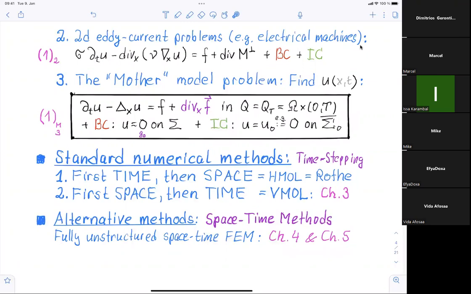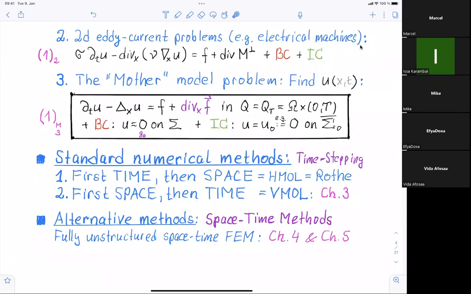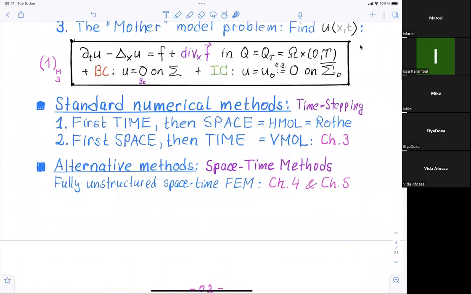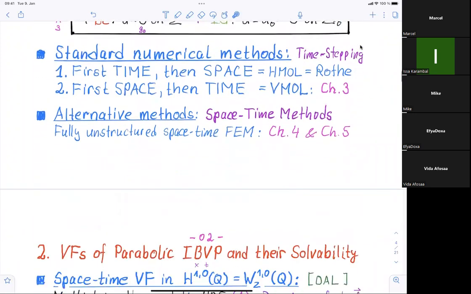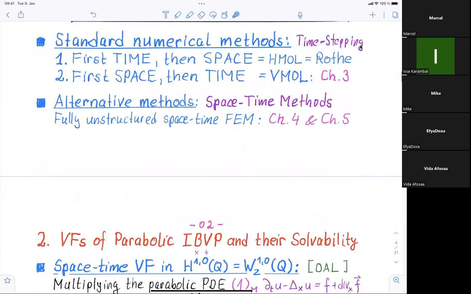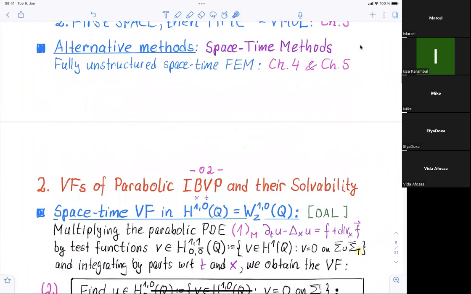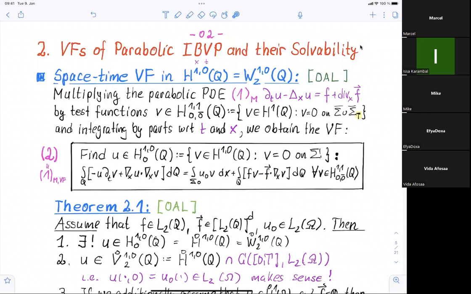And in between are also some methods I will discuss a little bit in chapter 3. We look at the traditional methods and how to overcome some disadvantages. So let us first do some analysis work on the parabolic initial boundary value problem, variational formulation, and their solvability.